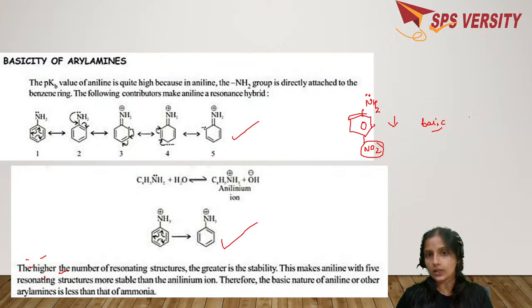The lone pair of nitrogen is involved in the resonance, as well as the electron withdrawing group is there, so the basic strength is going to decrease. If you have electron donating groups such as CH3 attached to aniline, then this is going to increase the basic strength, because the alkyl groups are electron donating.